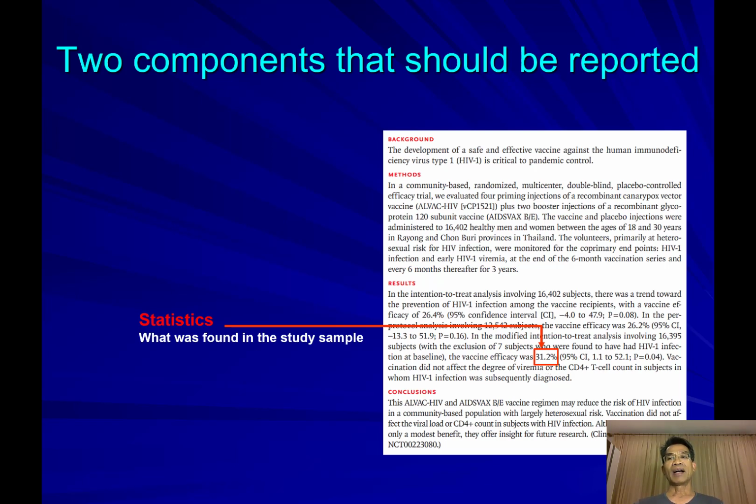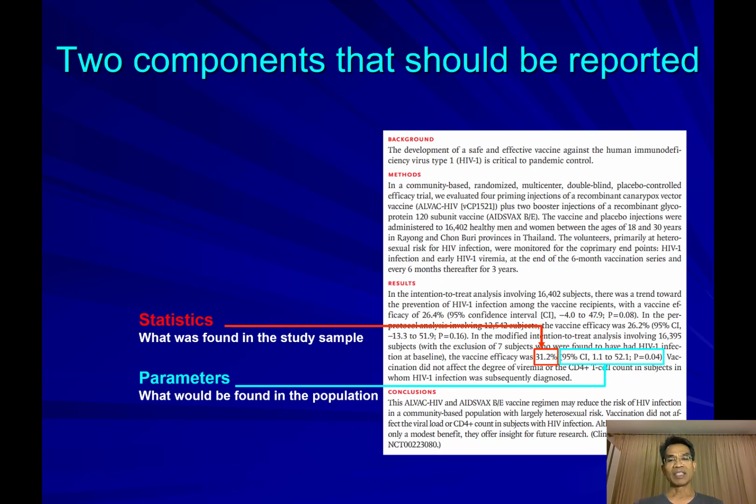Now, there are two components that should be reported in the research paper. The first one, we quantify what was found in our study sample. Here it's about vaccine efficacy. It tells us that about 1/3 of the people who received the vaccine were protected.